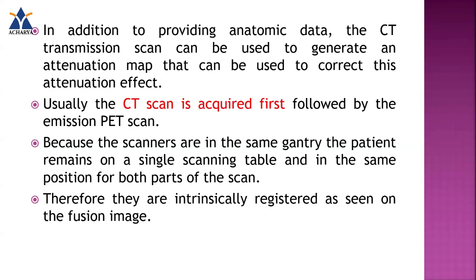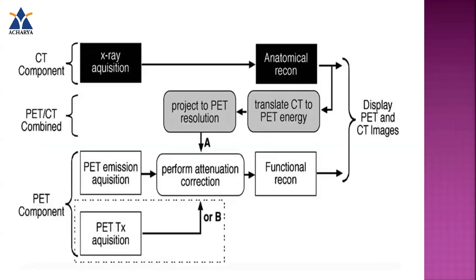Because the scanners are in the same gantry, the patient remains on a single scanning table. No need to place the patient separately. There are two gantries, so first the CT image is acquired, and then the PET image is acquired. After the acquisition, the raw data is sent to the computer.